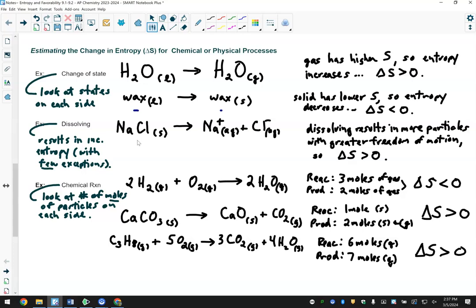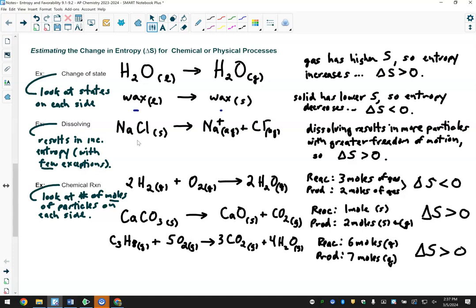So dissolution or dissolving, with very few exceptions, and we'll talk about this, we have a little 20-minute set of notes at one point on just dissolving energy and entropy changes. It'll be after we do all of the entropy stuff. But anyway, with few exceptions, when something dissolves, it becomes more spread out.